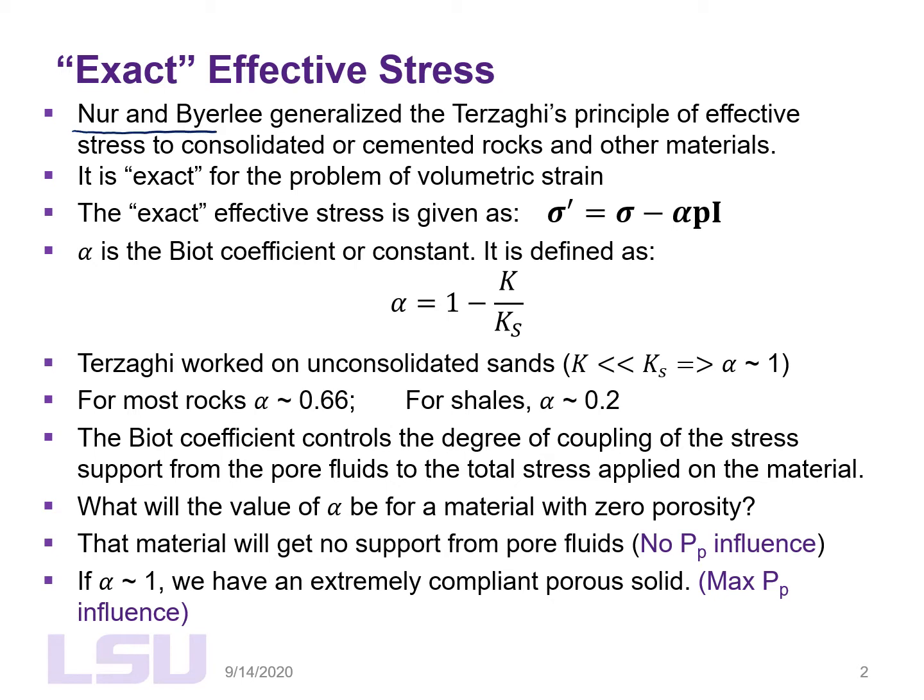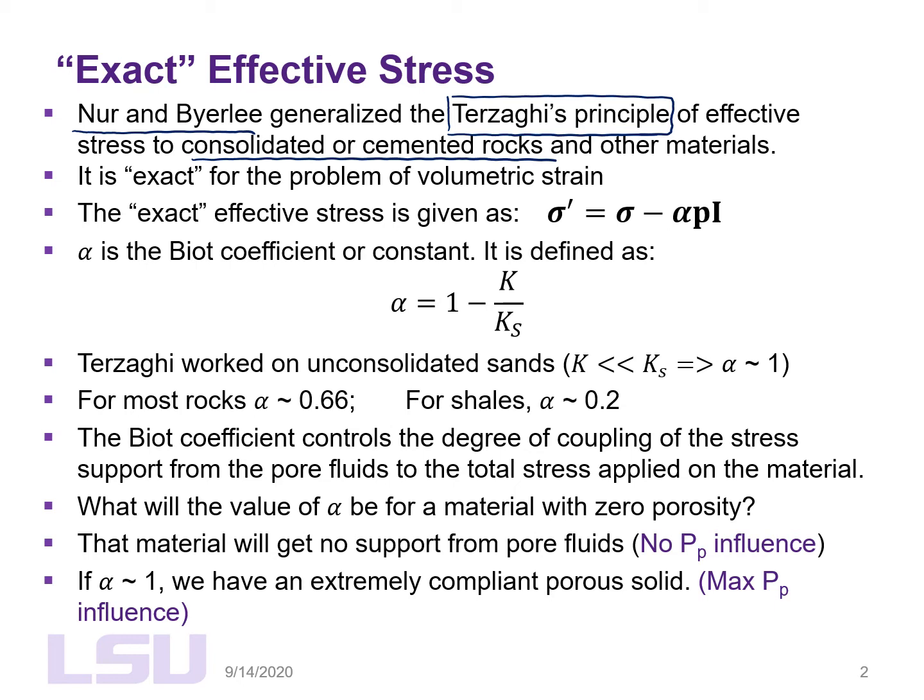Knorr and Bailey generalized the simple effective stress to apply to consolidated or cemented rocks and other materials. So the simple Terzaghi effective stress principle basically applies to unconsolidated or weak sands. But when the sands have been consolidated, then we need an improved effective stress.